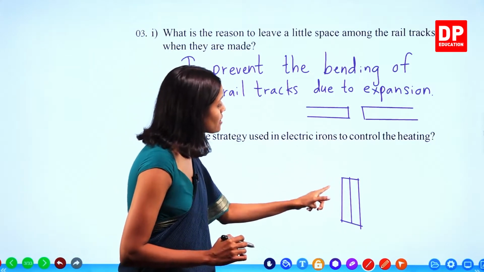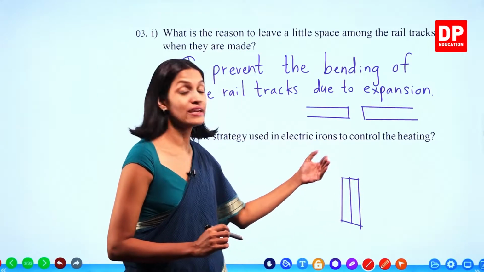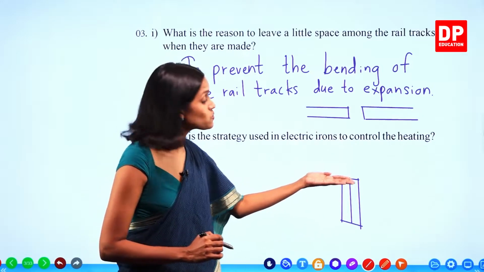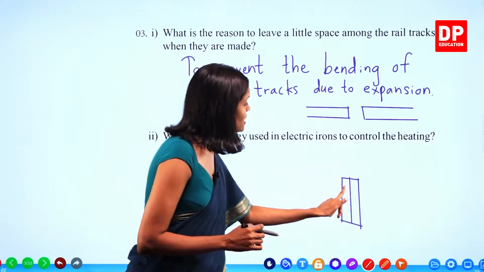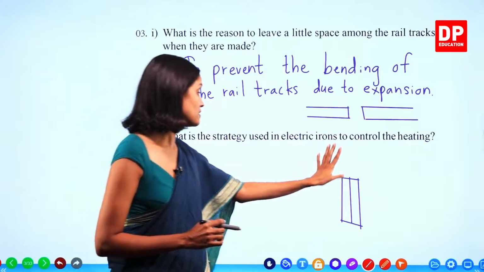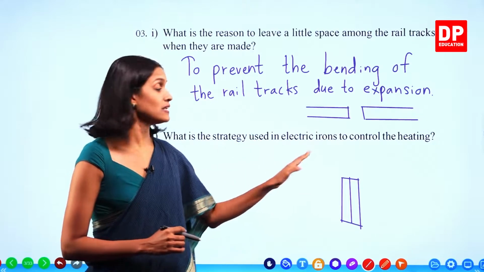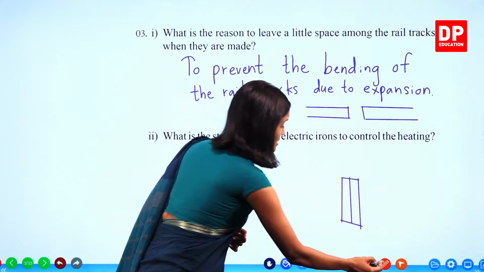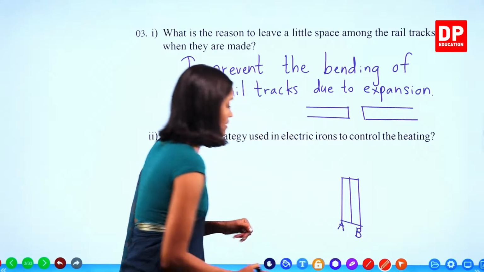So when electric current passes through this metal strip, what happens, children? It gets heated up. Because it gets heated up, it expands, which means its length increases. Because we have used 2 different types of metals to make this bimetallic strip, and they have different ways of expanding, they expand at 2 different levels. Okay, so we'll consider this strip is A, this strip is B. Right?